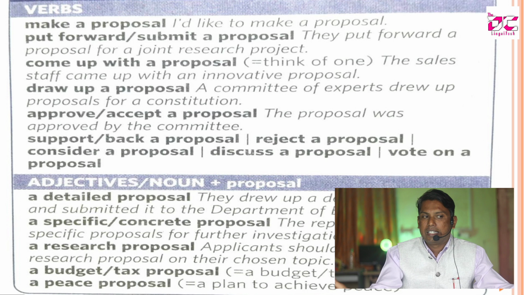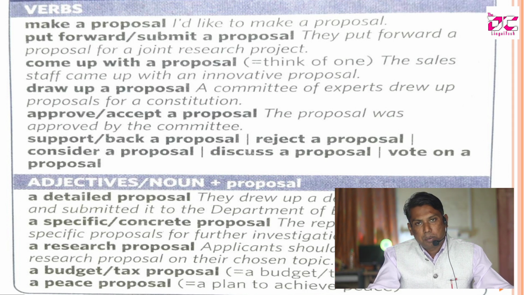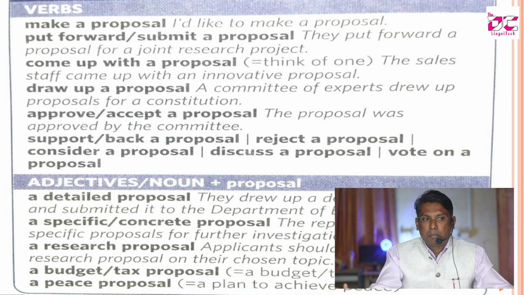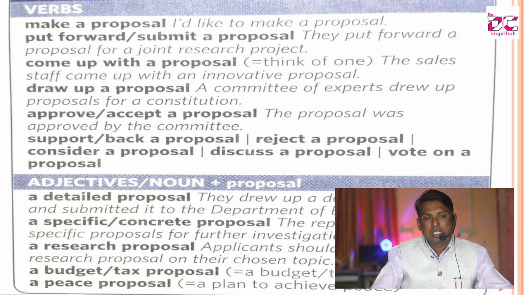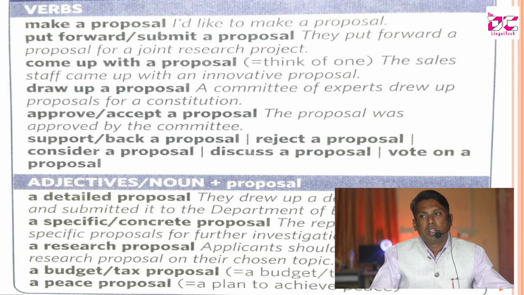Or you can say a detailed proposal, concrete proposal, specific proposal, a research proposal, a budget or tax proposal. Or you can have a marriage proposal. So the word proposal can come with certain adjectives but cannot come with all the adjectives. So that's what we call collocations. Collocation does mean co-occurring with words.